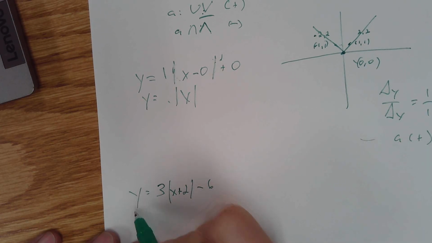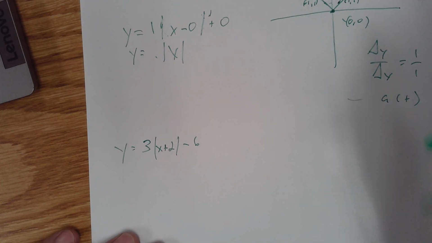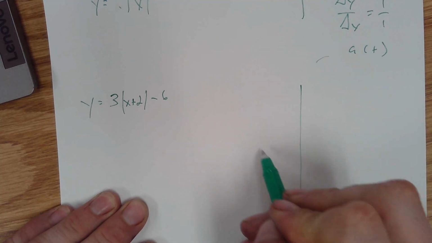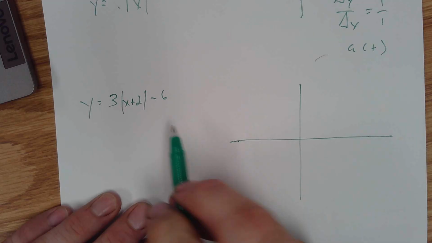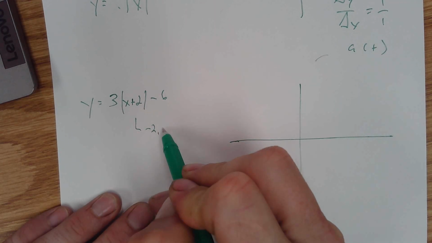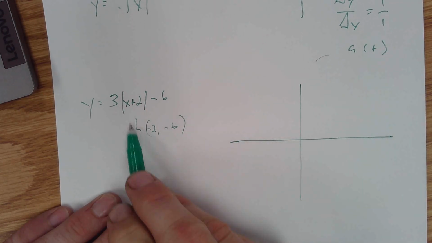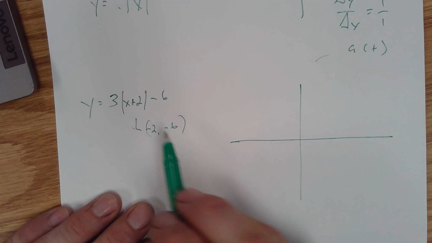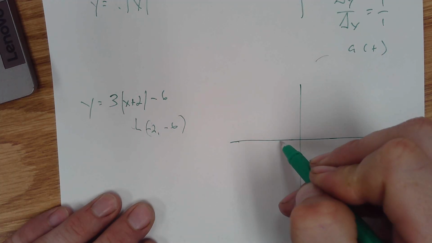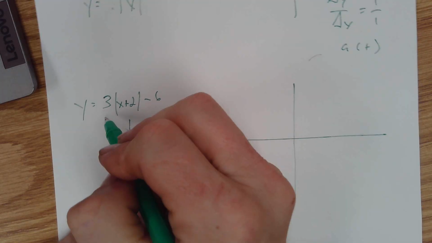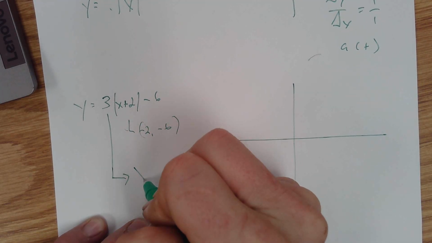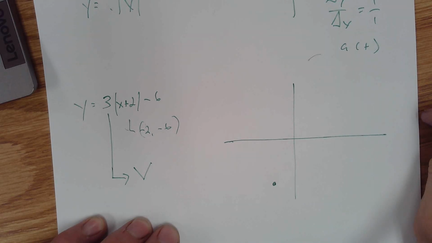Okay, well, I know on a coordinate plane that this is going to start at negative 2 and negative 6, because it's the opposite x and the y. It's going to start at negative 2 and negative 6, so like down here. Okay, and my a value is positive, so it's going to be concave up, right?